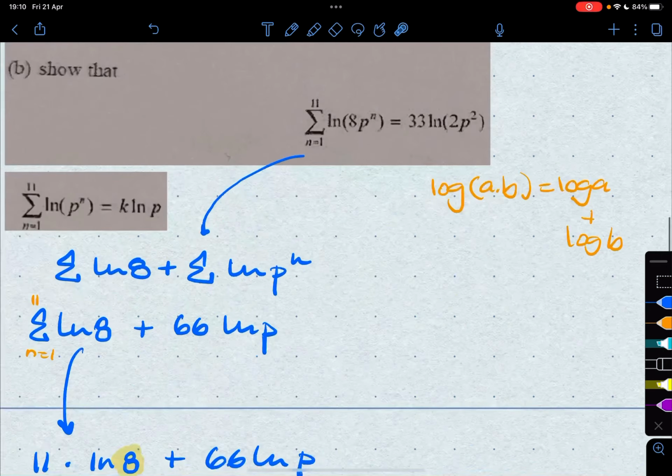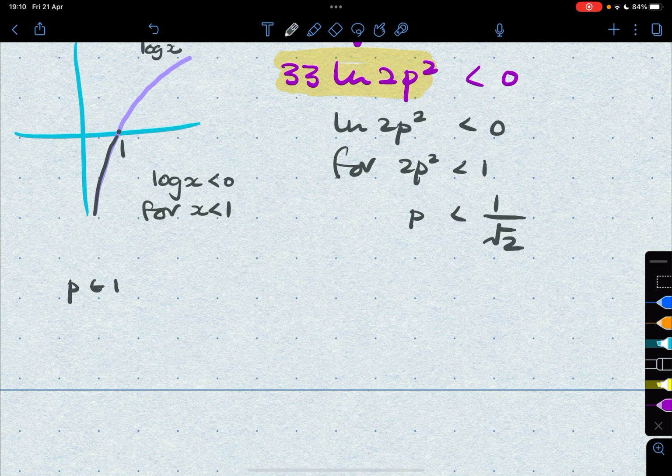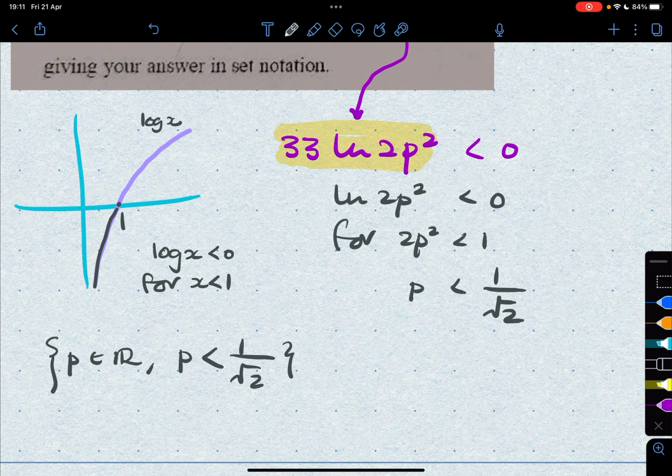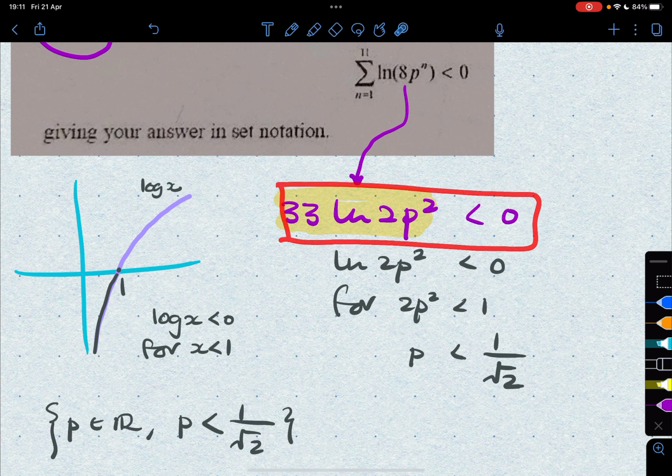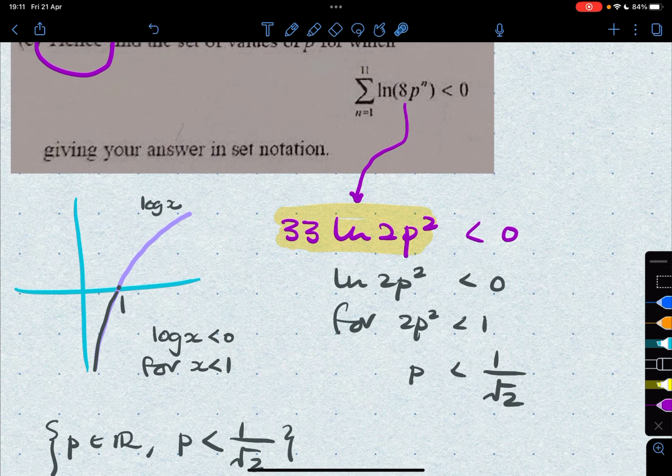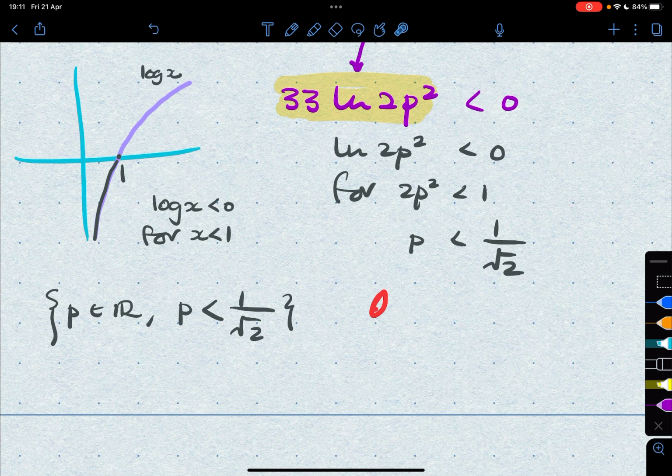So the full answer will be something like p element of R and p less than 1 over root 2. So any value less than 1 over root 2 will give you this less than 0. And this is this summation. So that's how I would answer that question.